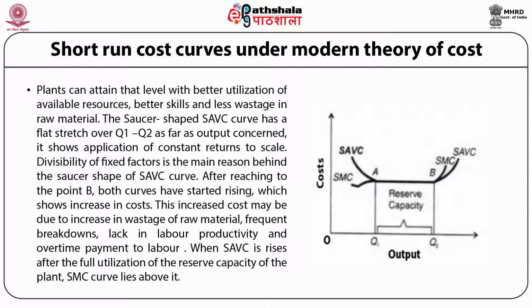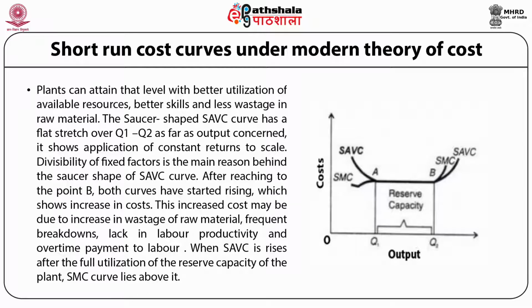After reaching point B, both curves start rising, which shows increase in cost. This increased cost may be due to increase in wastage of raw material, frequent breakdowns, lack of labor productivity, and overtime payment to labor.